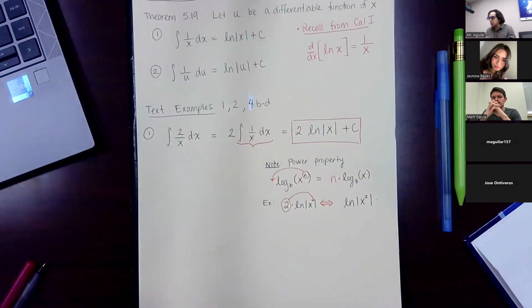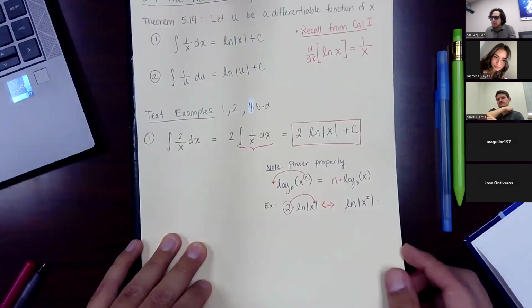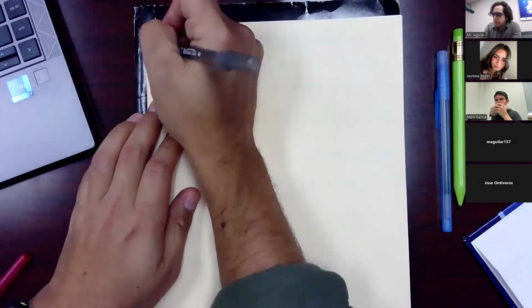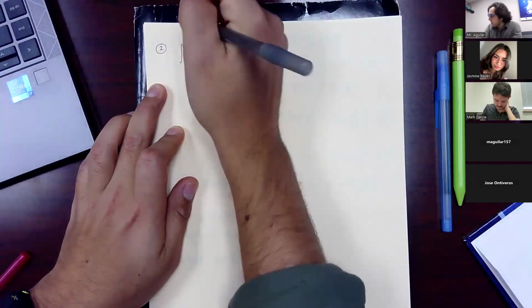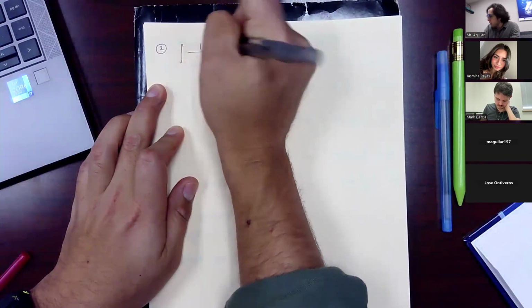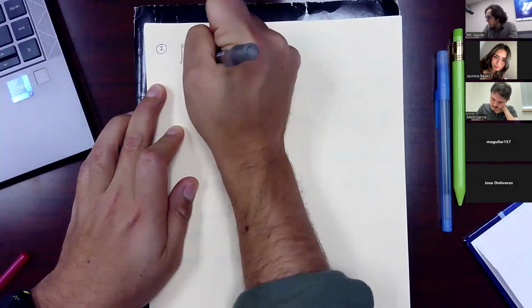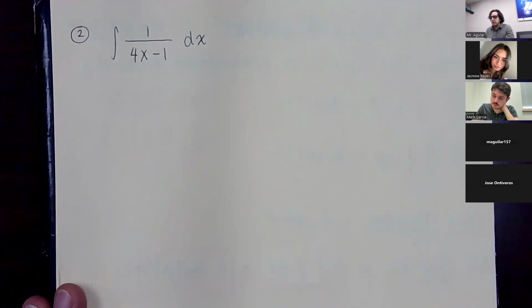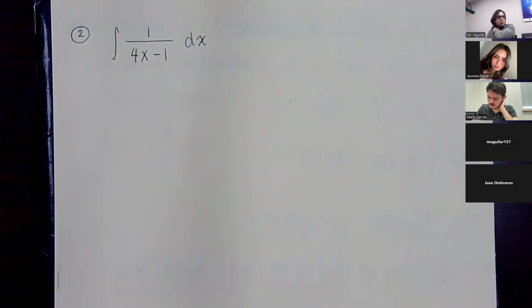Okay. Then it's going to ramp up a little bit, and we'll have to apply things that we learned from previous sections, like U substitution. So, for instance, for this next example, if we're taking the integral of 1 over 4x minus 1 dx, we can see that it takes the form of 1 over something, and that something is a function of x, right?